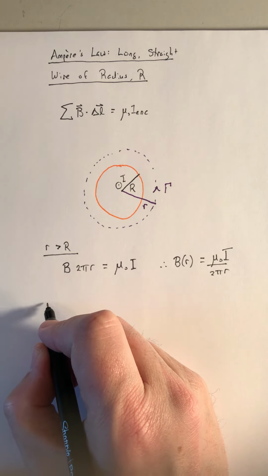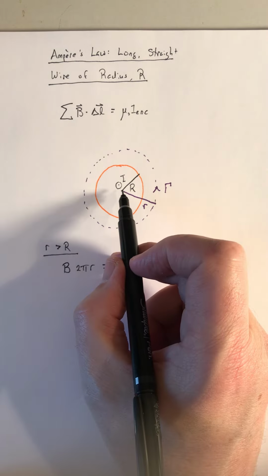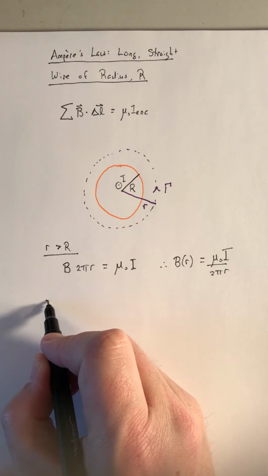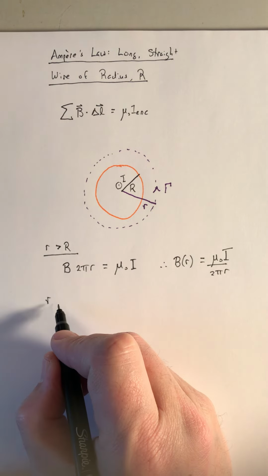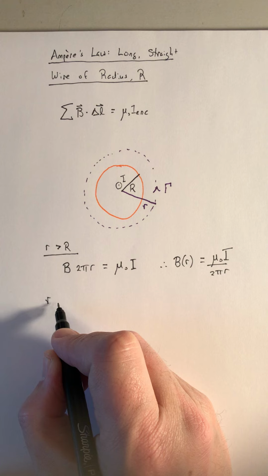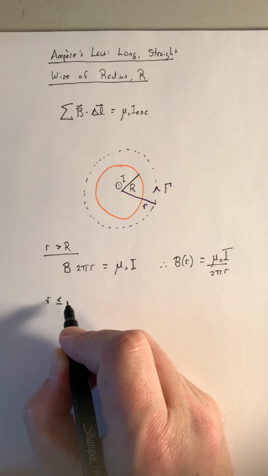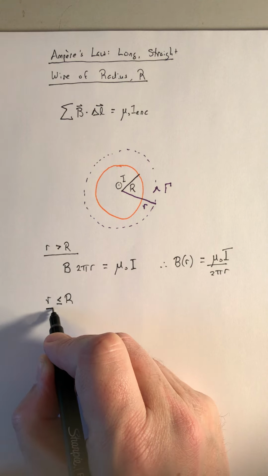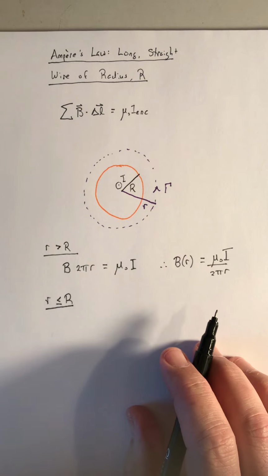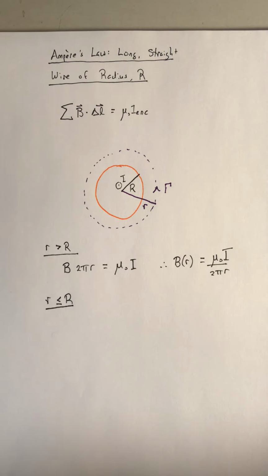Other case is if we look inside the wire to see what the magnetic field looks like. So for a loop where little r is inside or the same size as the wire.